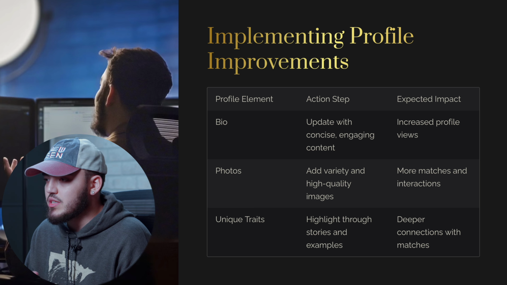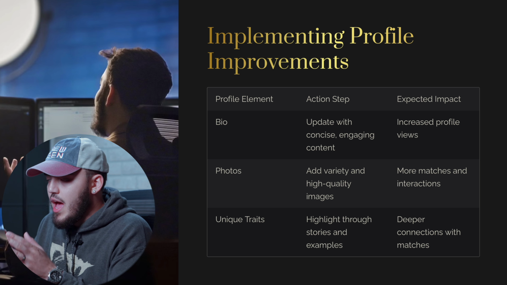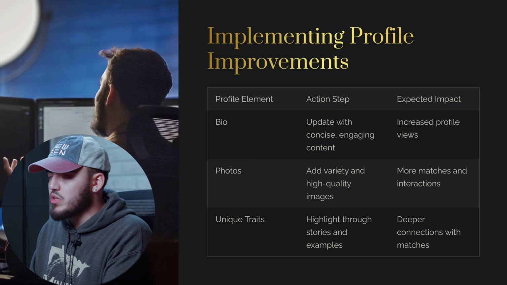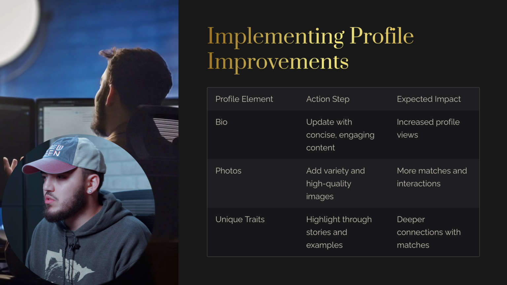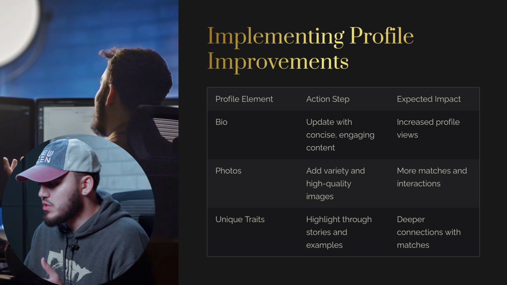They all have different dynamics. So make sure that you just take the extra step to implement these principles regardless of which app you're on. This will increase your profile views, more matches and interactions, deeper connections with your matches.